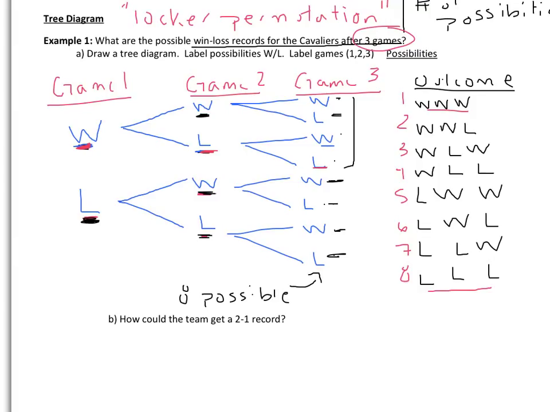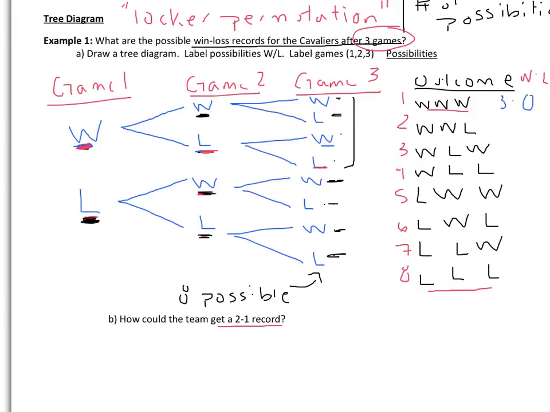Let's look at B. It says, how do you get a 2-1 record? When we talk about basketball, records are determined by wins to losses. If I write this first one out as a win-loss ratio, their record was 3-0 because they won 3 games and lost 0 games.